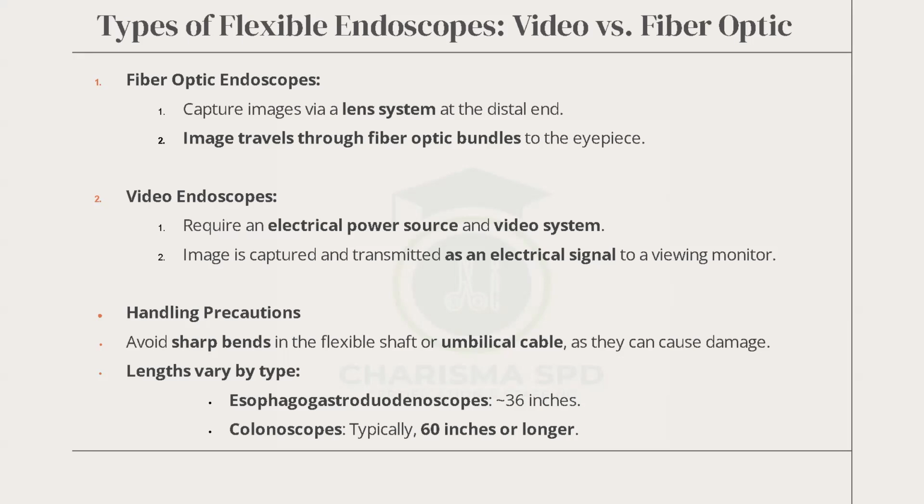The video endoscope requires an electrical power source and a video system. The device itself connects into a machine. The machine is powered, and from the machine the monitor gives the image. That's what we call video.